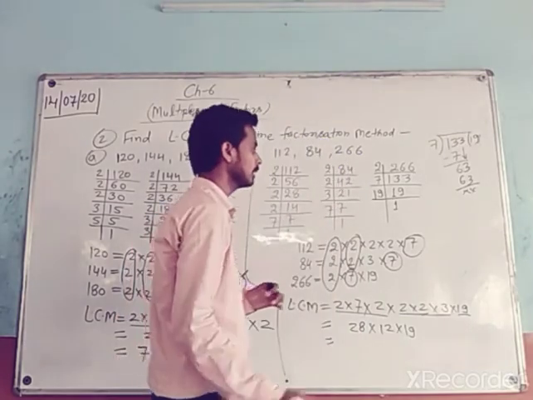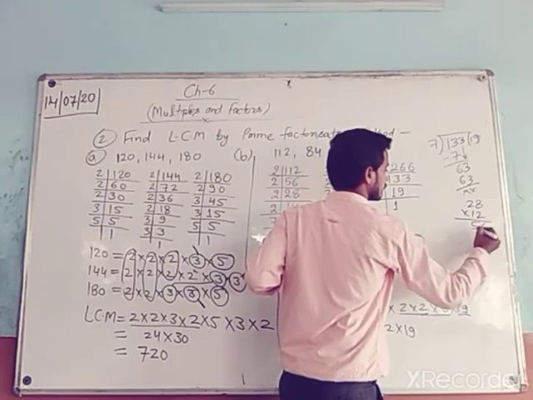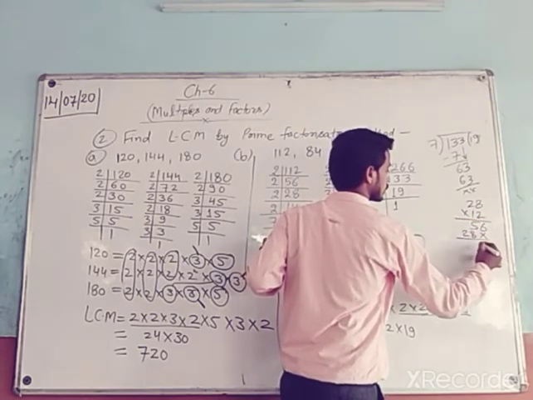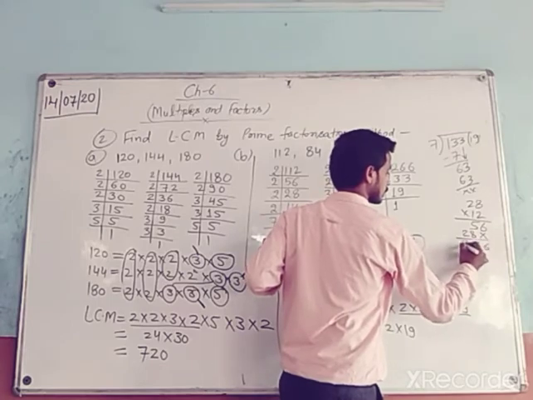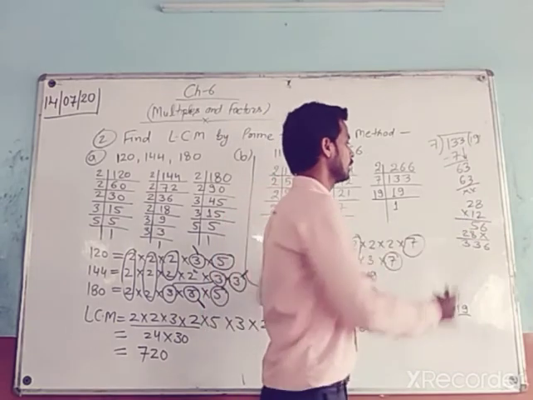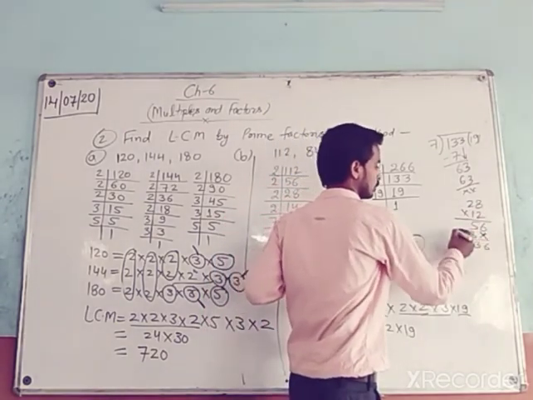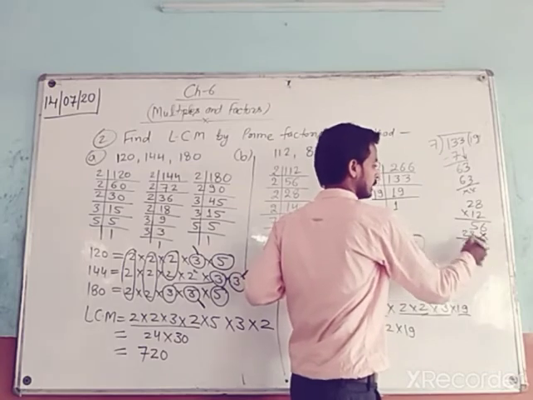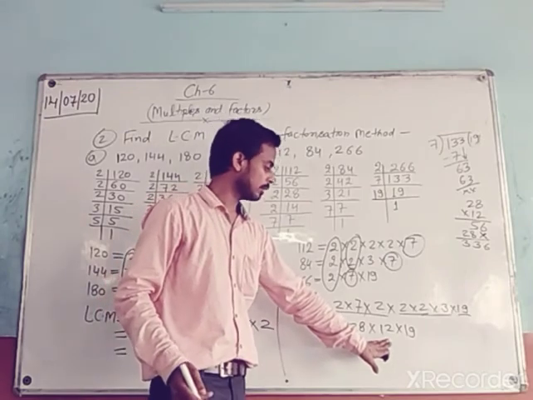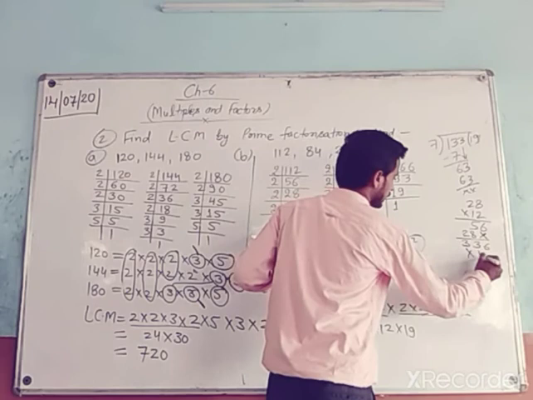Now multiply 28 into 12. 8 2s are 16, carry 1, 2 2s are 4 plus 1, 5. Now 1 8 is 8, 1 2 is 2. 6, 8 plus 1, 13, carry 1, 336. The product of 28 and 12 is 336. Now multiply 336 into 19.